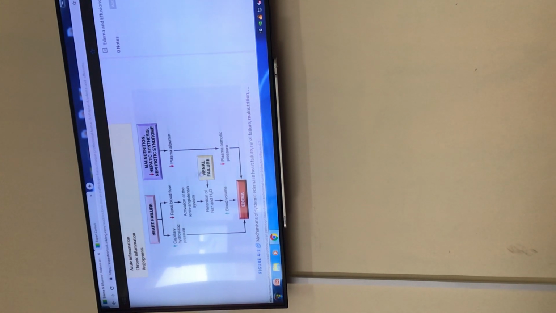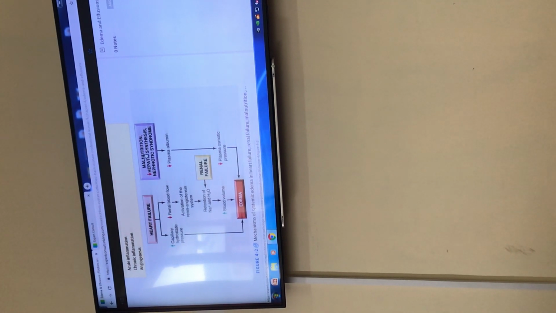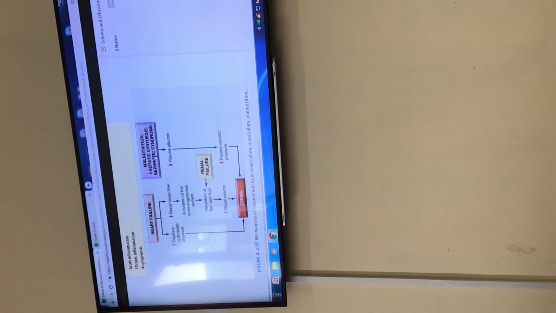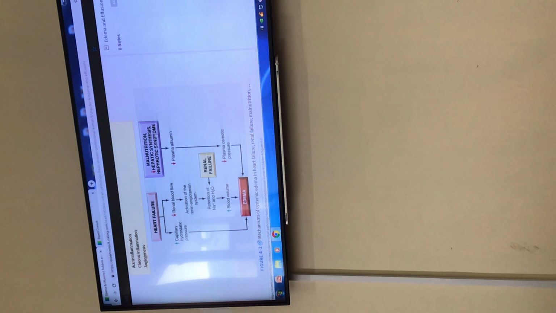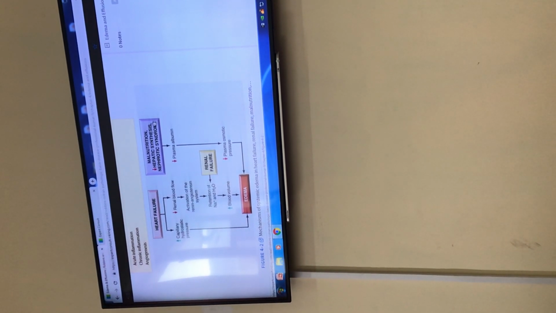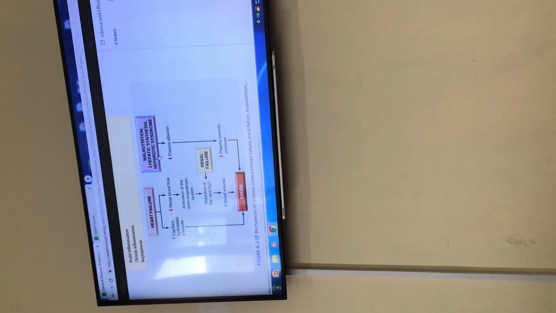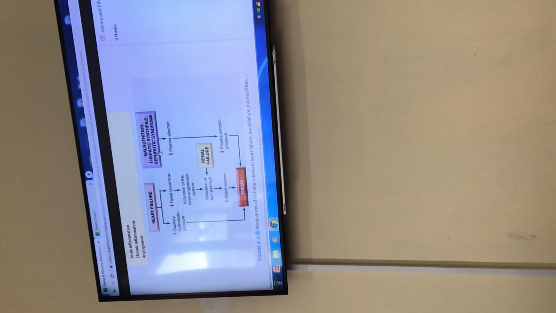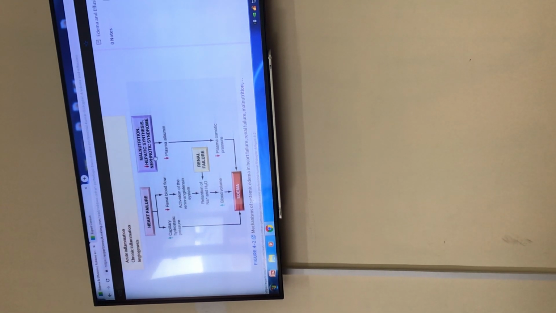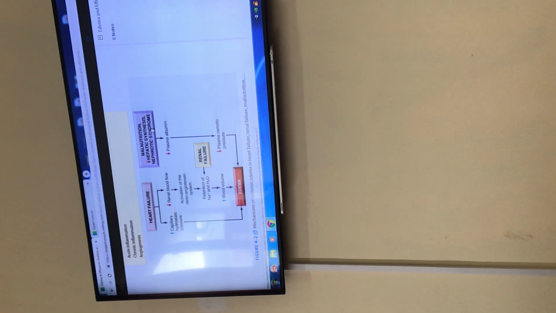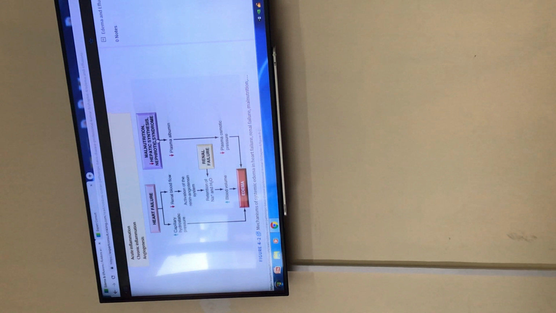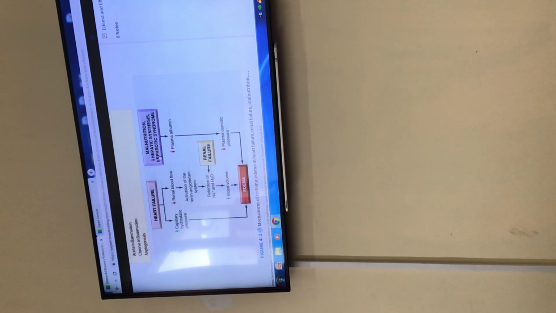If a patient has heart failure, renal failure, or liver failure, there is low protein synthesis, or nephrotic syndrome, a renal problem where there is severe proteinuria. We have nephritic syndrome and nephrotic syndrome. In the nephrotic type of renal disease, the patient has severe proteinuria, so there will be hypoproteinemia.